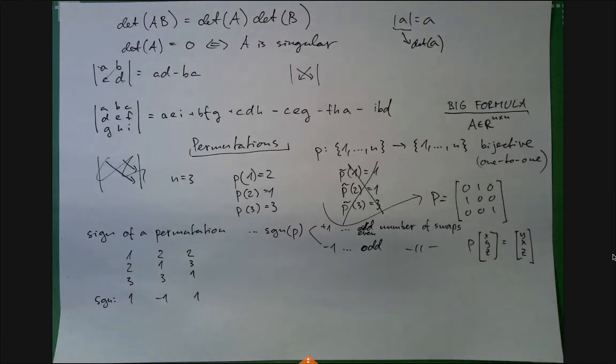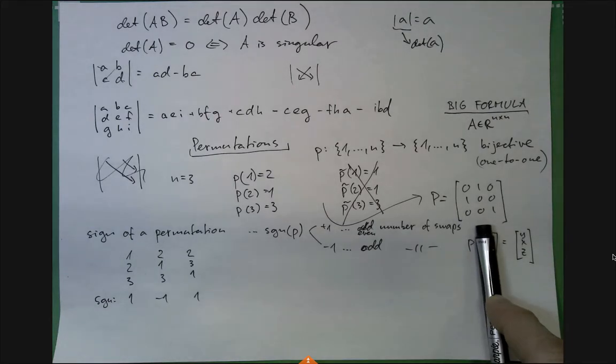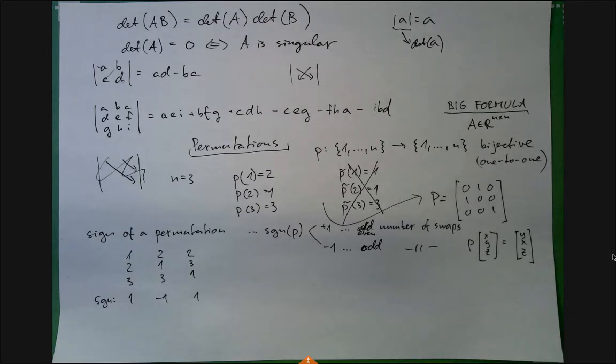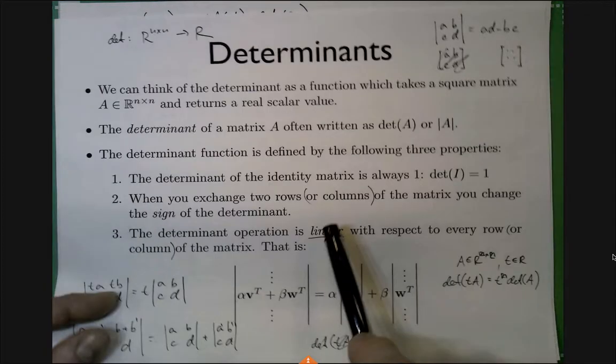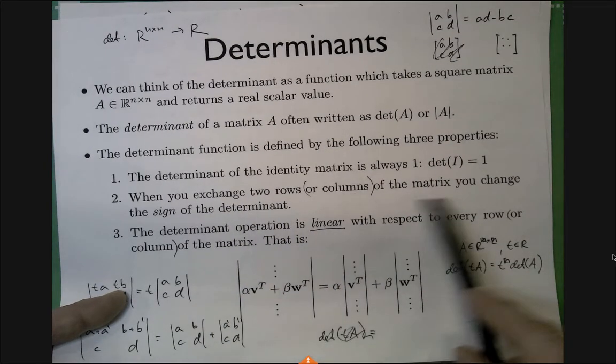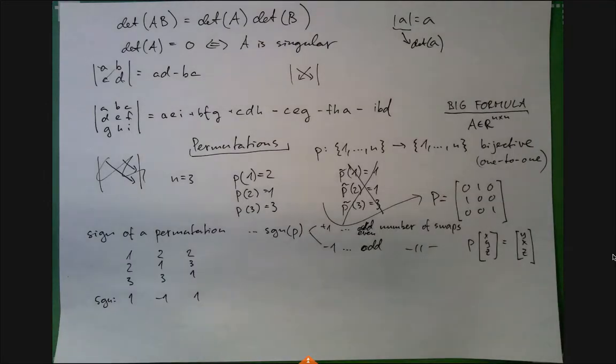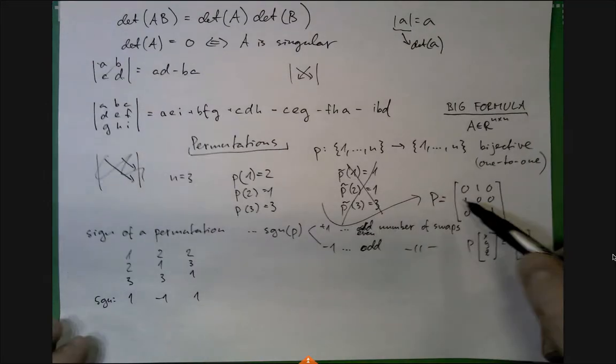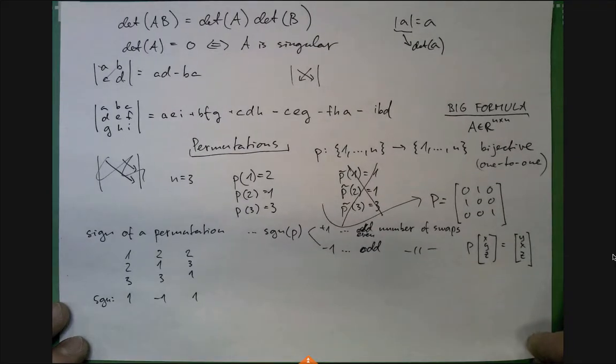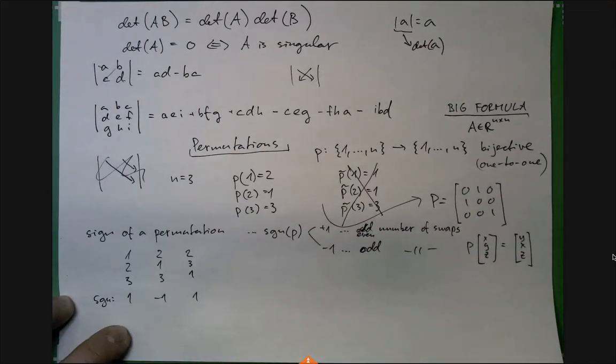Because this is an orthonormal matrix, orthonormal matrices have determinant only plus or minus 1. And if we exchange two rows of a matrix, you change the sign of the determinant, right? So it's exactly the same idea expressed in matrices. The sign of a permutation is the determinant of the corresponding permutation matrix.